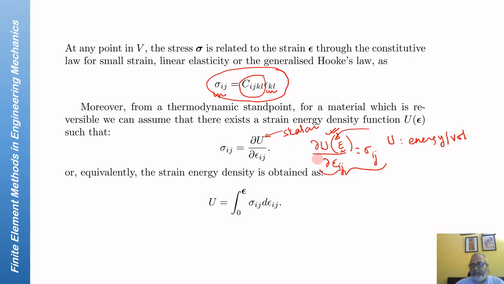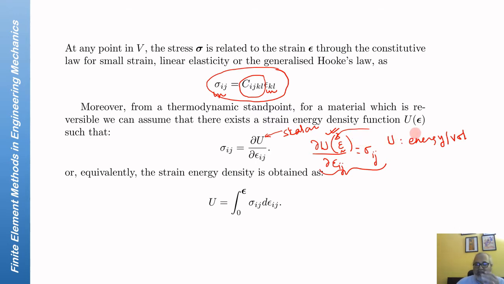So in our case, this derivative will simply lead to Cijkl. So U is so formed that you have a quadratic function containing the Cijkls, derivative of which with respect to epsilon ij will give you sigma ij. So U for a linear elastic material is a quadratic function of strain.